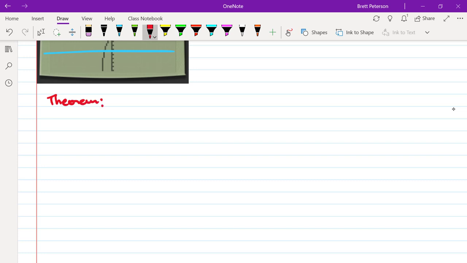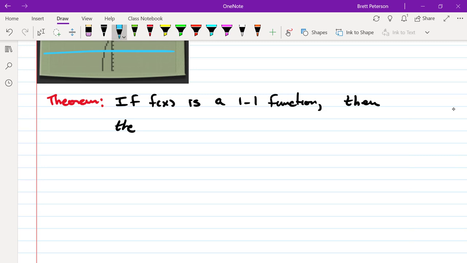We have a theorem, and it says if f of x is a 1 to 1 function, then the inverse of f of x exists, and is a 1 to 1 function.